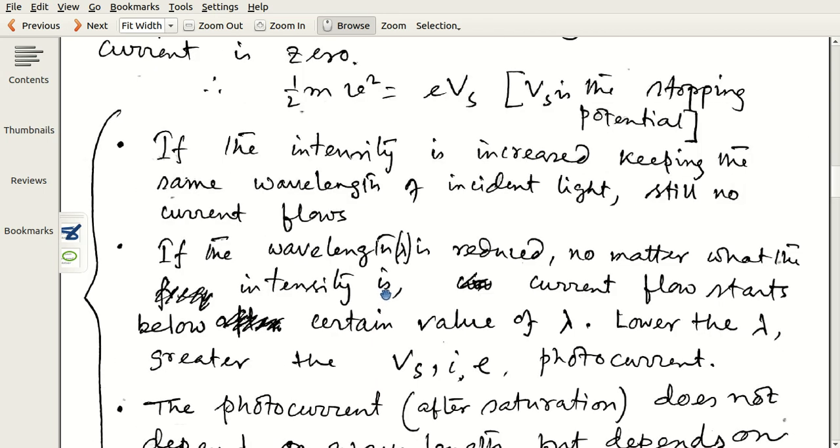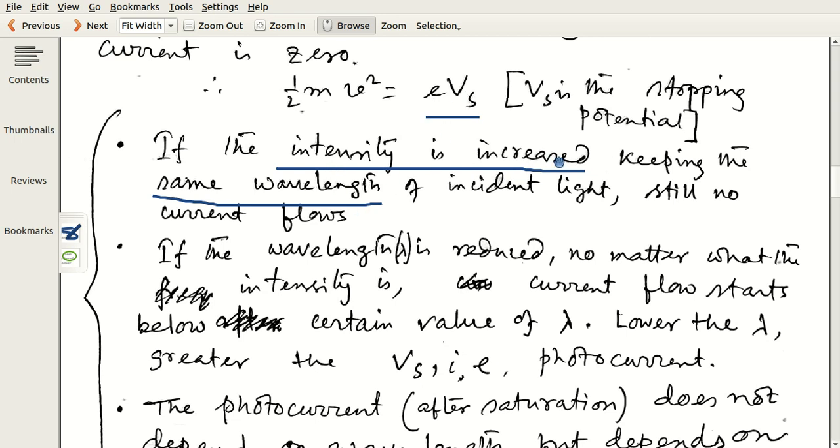Now some observations regarding the photoelectric experiment due to Lenard. These were the observations. Most important, if the intensity is increased and the wavelength is not changed, then no current will flow when the applied voltage is Vs. Remember it, the applied voltage is Vs. Now the intensity is increased.